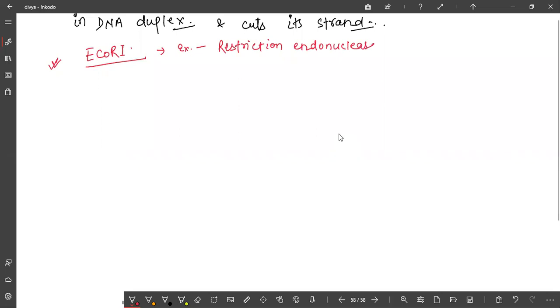And this EcoRI is generally found in Escherichia coli, the E. coli bacteria, you know. And this recognizes a base sequence.